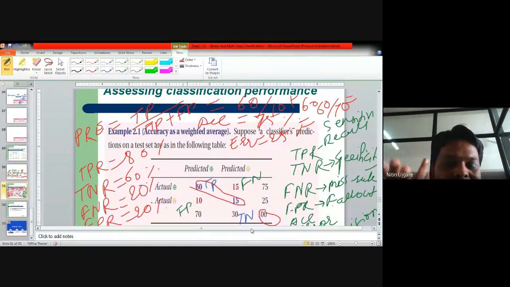So 2TP gets cancelled, and we get 1 divided by FN plus FP, right? We know that FN is 15, FP is 10, so 1 divided by 25, and the 40% is the right answer. So Akash, you have to correct it. The F1 measure is calculated as 1 divided by FP plus FN, you can rearrange the terms, it doesn't matter. So 1 divided by 25 gives 40%.